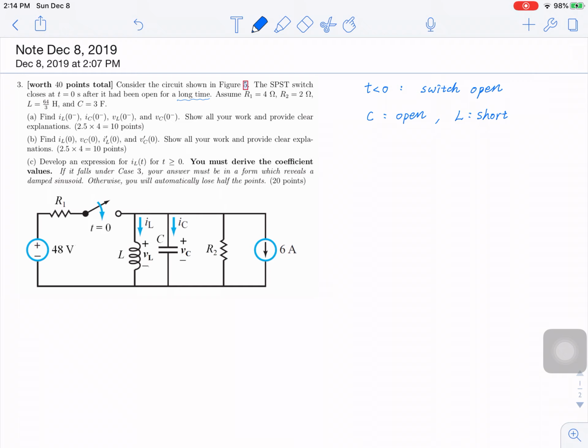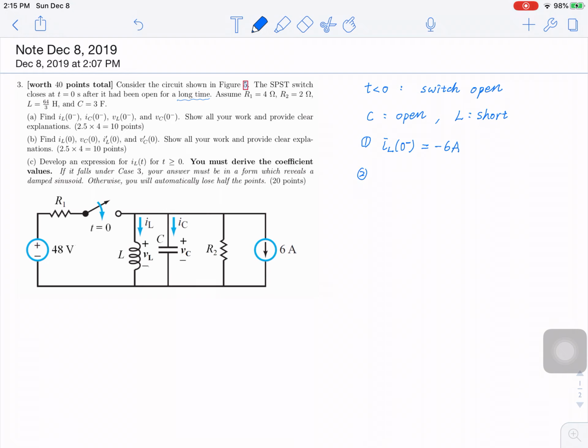Therefore we can understand that IL(0-) is equal to minus 6 ampere. So this is very easy to understand.